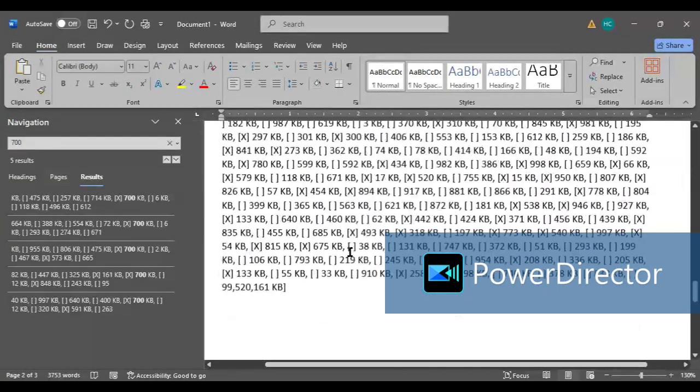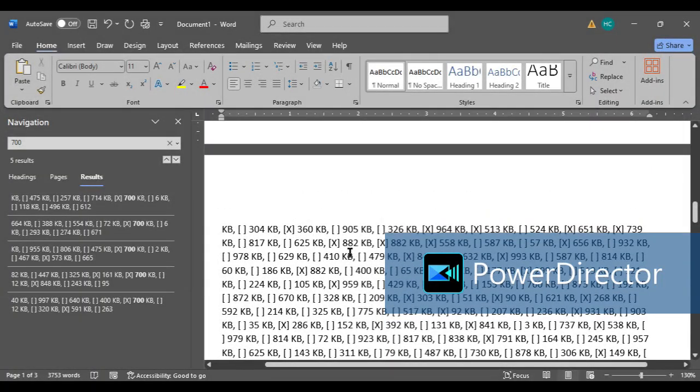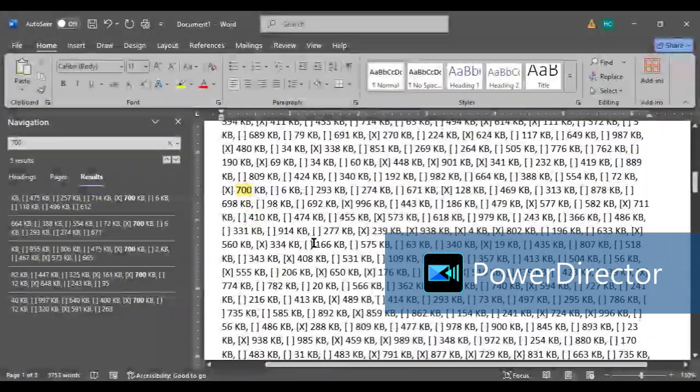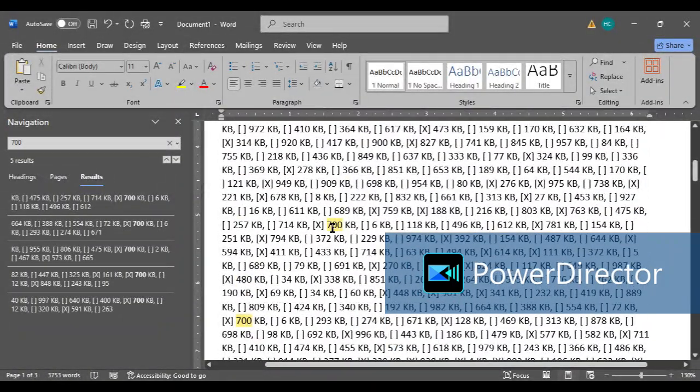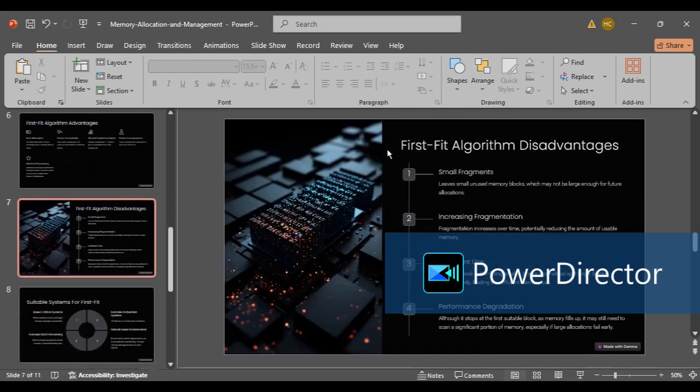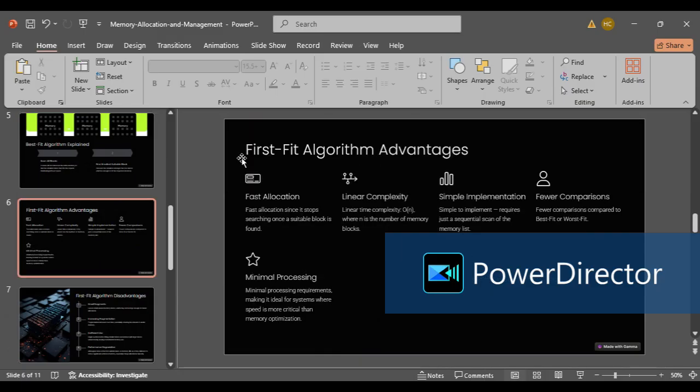So we realize that the best fit tries to minimize wastage of space by finding the least blocks that can accommodate the requested memory without leaving larger spaces behind, unlike the first fit. So we'll go on to look at the advantages and disadvantages of the best fit and first fit algorithms.